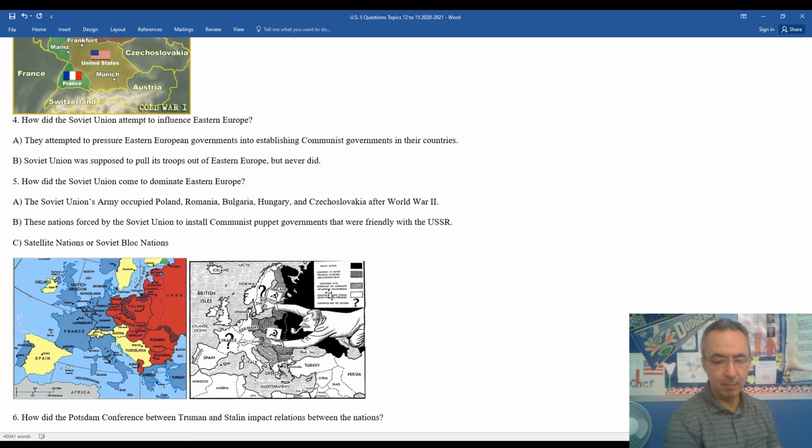You can see Stalin there putting the little Soviet flags into those Eastern European spots. The map on the left is a red map of all the Soviet bloc countries under the control of Stalin and the Soviet Union. So basically the Soviet Union indirectly governed these countries, made them communist, and they had to remain communist throughout the Cold War from 1945 through 1990.